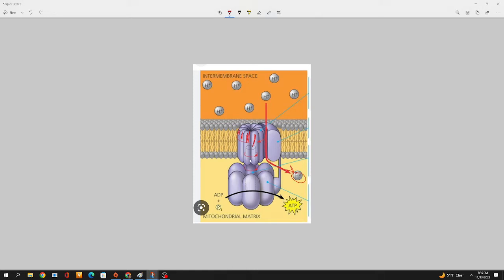Okay? And what really makes the ATP form is this wheel right here that I'm highlighting. This wheel churns this lower region, and this lower region has a very high affinity for ADP, adenosine diphosphate, and a phosphate group. And that's where all this ADP and phosphates are located.